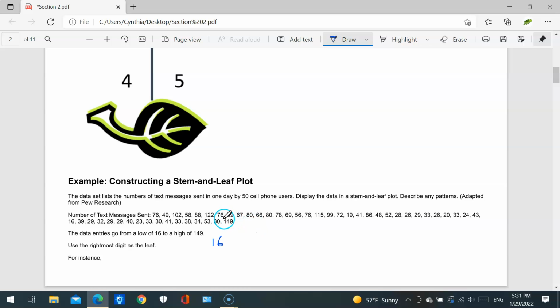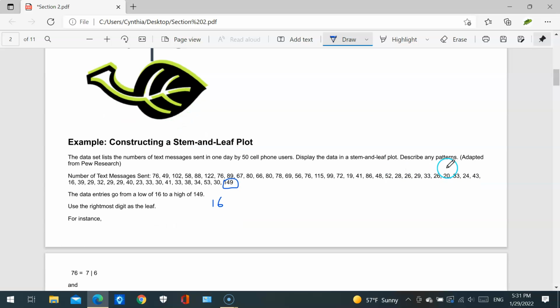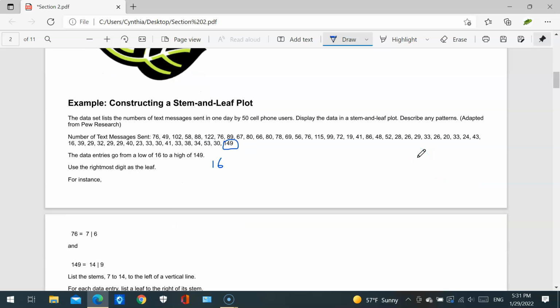So the largest data has 3 digits and the smallest data has 2 digits. How can we apply different digit numbers into the same stem and leaf plot?